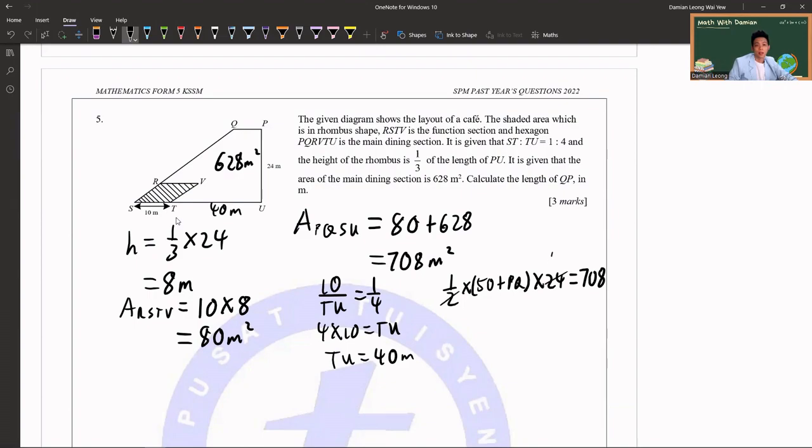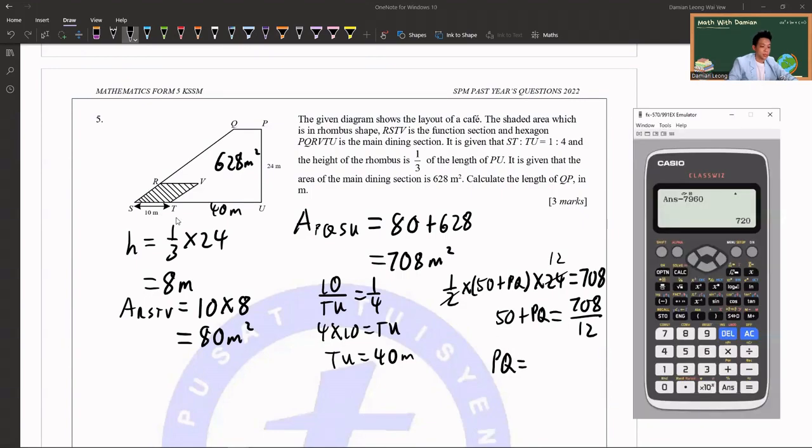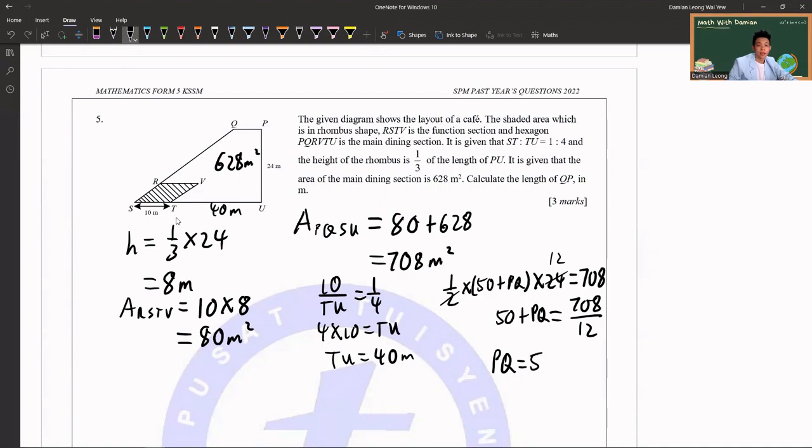So I can cut here 12. 708 divided by 12 is 50 plus PQ. So PQ will be 708 divided by 12, 59. Bring over the 50, positive becomes minus, so 9 meters. PQ is 9 meters. That's how we find it.